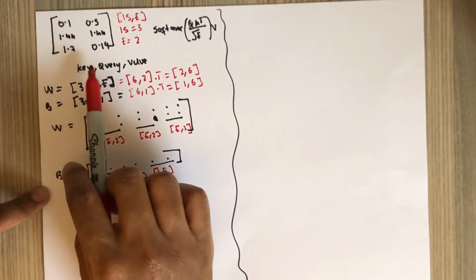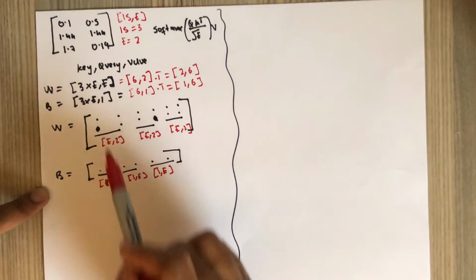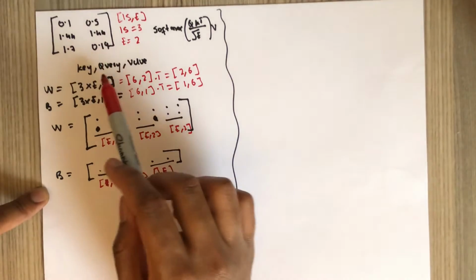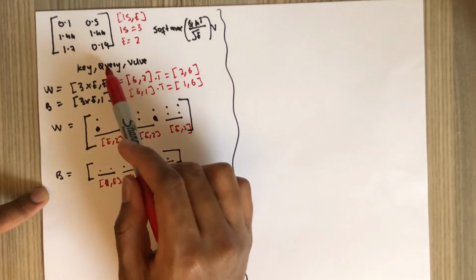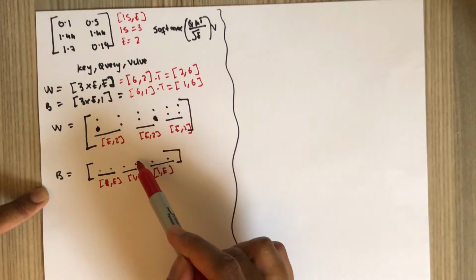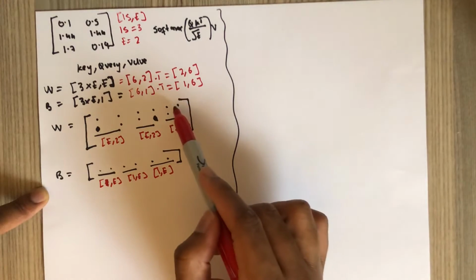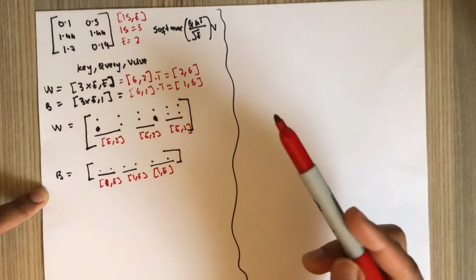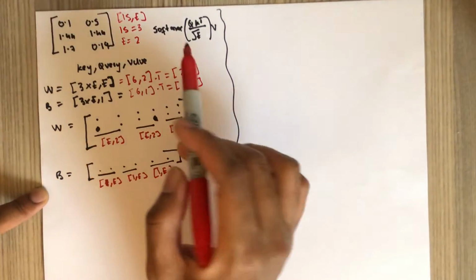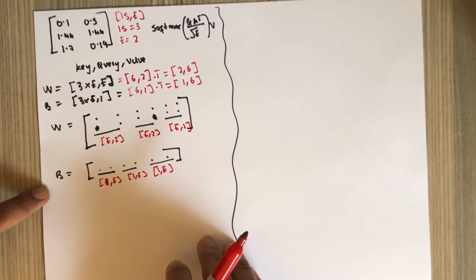So usually to compute the new key, you will take this input multiplied by this weight and add it with this bias. For the new query, take the input multiplied by this weight and add it with this bias. For value, take the input multiplied by this weight and add this with this bias. But since key, queries and values are all the same, we can use a shortcut.